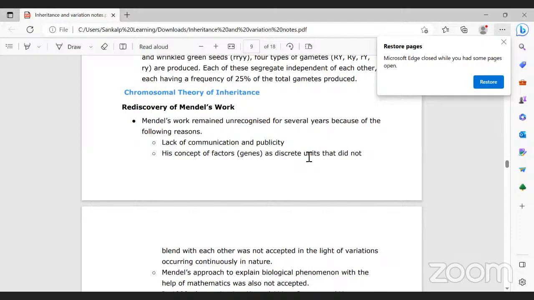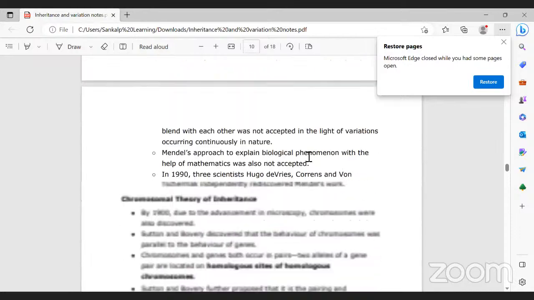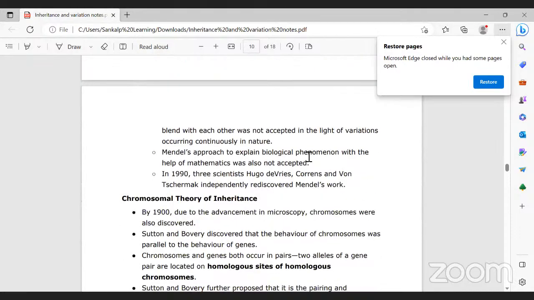Rediscovery of Mendel's work. Mendel's work remained unrecognized for several years because of the following reasons: lack of communication and publicity; his concept of factors as discrete units that did not blend with each other was not accepted in the light of variation occurring continuously in nature; Mendel's approach to explain biological phenomena with the help of mathematics was also not expected.